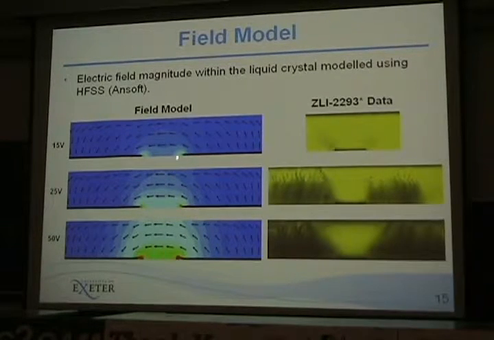So the colours are indicating how high in magnitude the fields are, and the arrows are indicating the actual field lines. So you can see that our bands and the way our cholesteric structures are distorting are actually generally following our field lines, and of course we're getting the higher fields at the bottom as you would expect. But it is nice to see how these curves follow quite nicely our electric field lines.